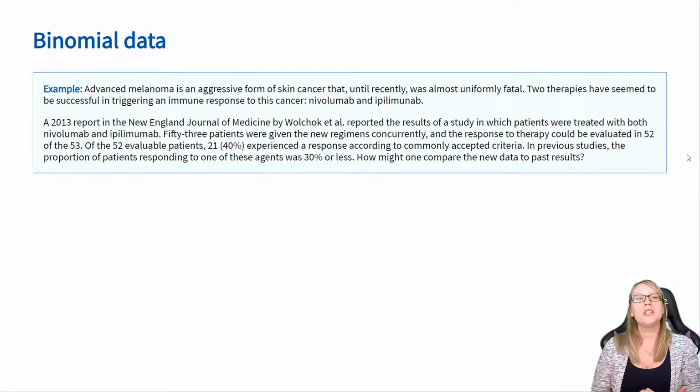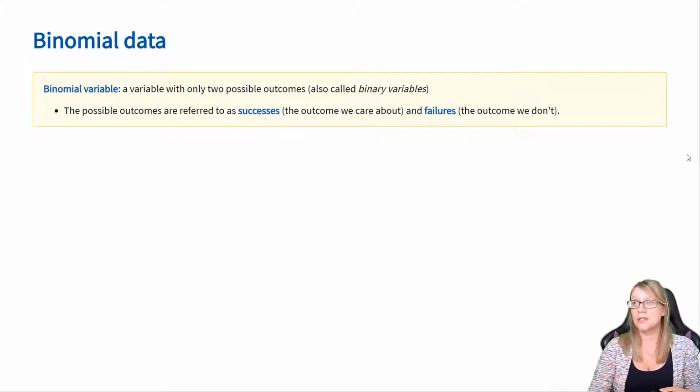Of these 52 patients that we could study, 21 of them, or 41%, experienced a response according to commonly accepted criteria. So in other words, they responded positively to these drugs. In previous studies, the proportion of patients responding to similar drugs was 30% or less. So how can we compare this new data to those previous results?